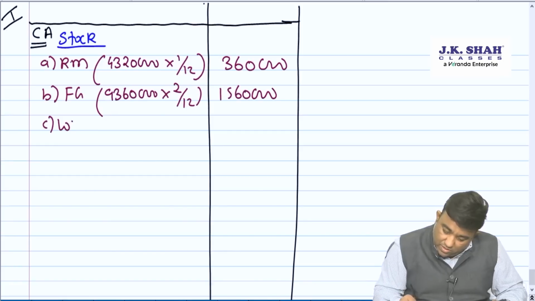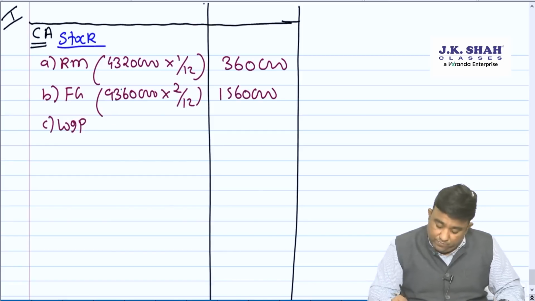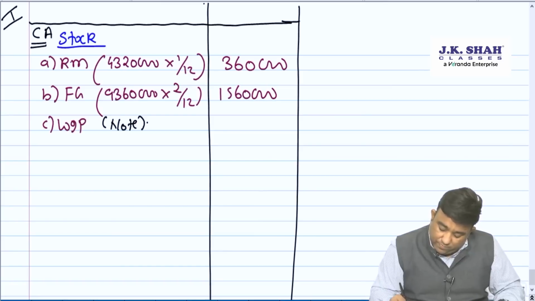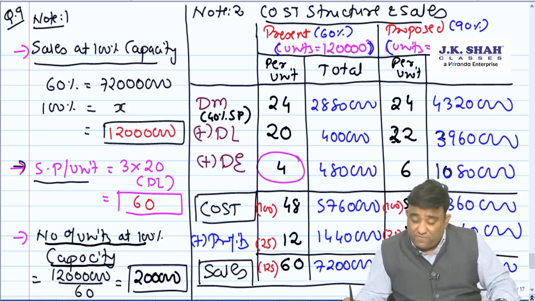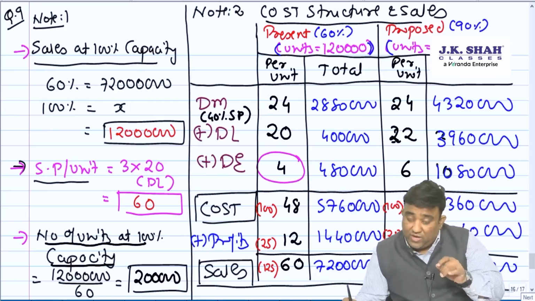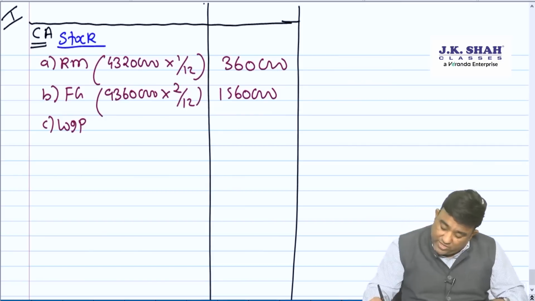And C, WIP. I can go for a note, or I can just show the bracket also. It does not make a difference. WIP will work on 100-50 completion. There is 4320, 3960 will be divided by 2, 1080 will be divided by 2. I can just show it.